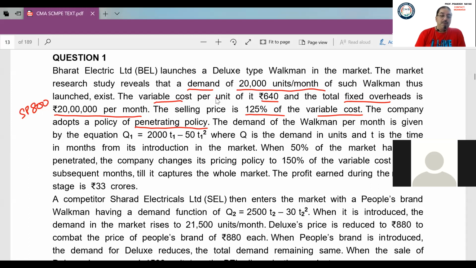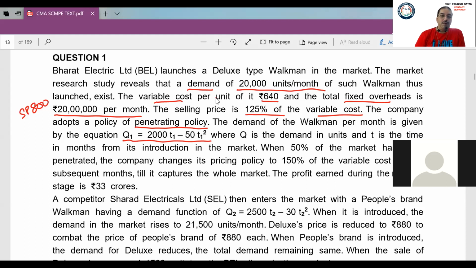Demand of the Walkman per month is given by the equation. This equation is important. Q1 is equal to 2000 T1 minus 50 T1 square, where Q is the demand in units and T is the time in months from its production. So that means first month, it will be 2000 into 1 minus 50 into 1.